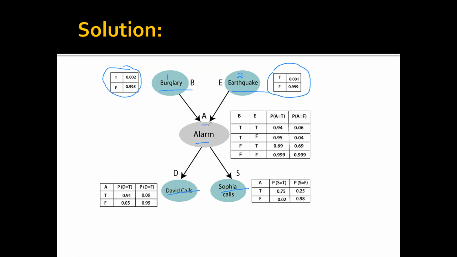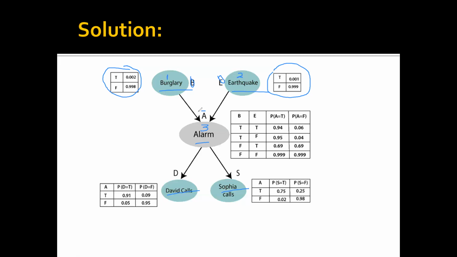But for this third condition, alarm is dependent on two events, B and E. Alarm is dependent on burglary also, and alarm is dependent on earthquake also, because there is a directed graph which is showing the relationship of alarm with burglary and earthquake. I hope this is clear.